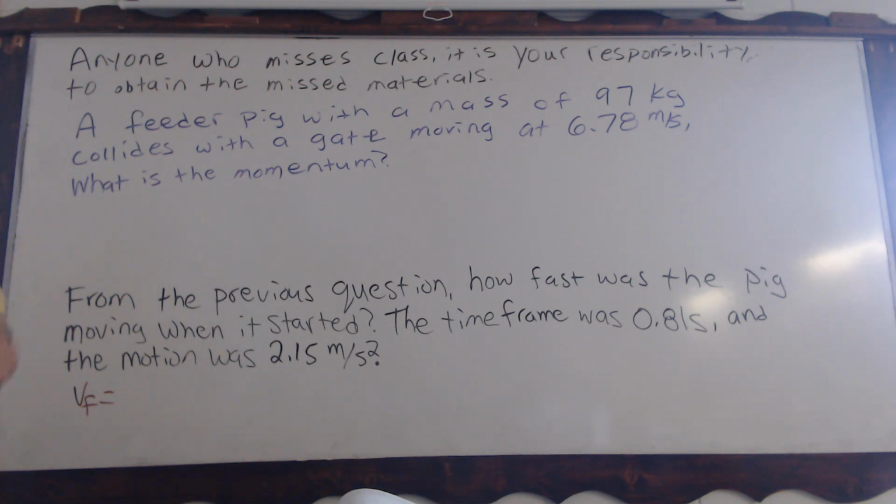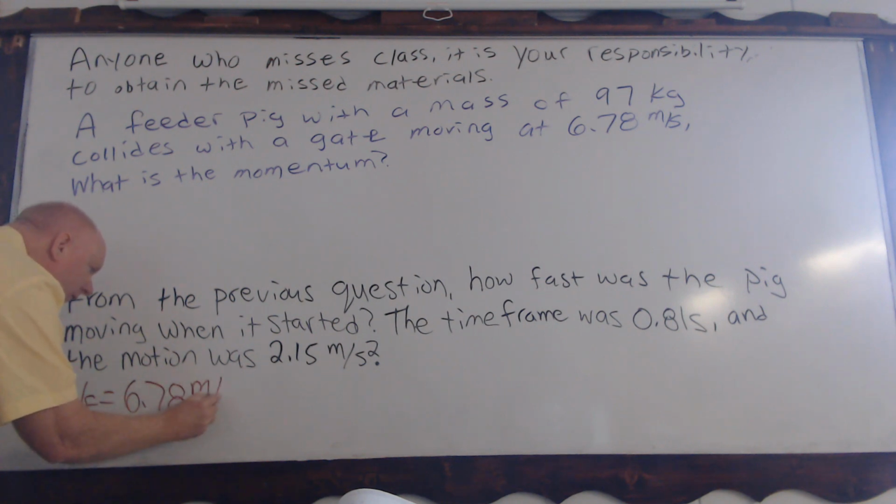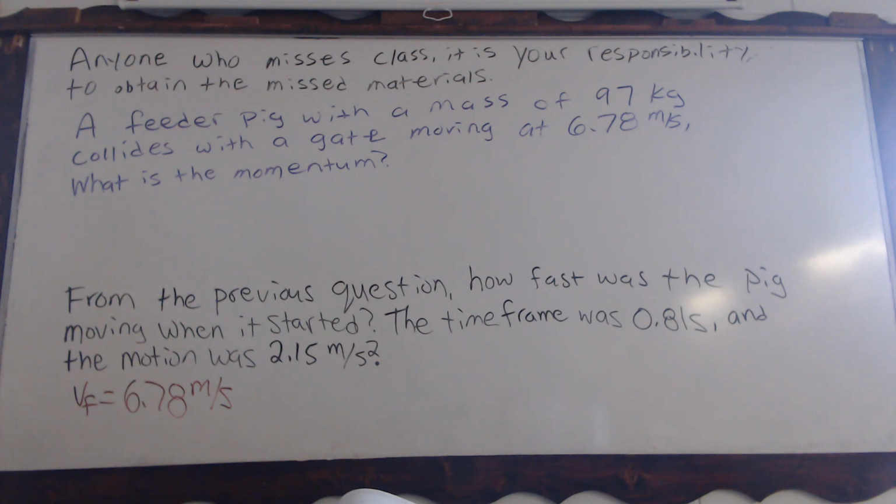Sure. All right. But we do have a final velocity. What is your final velocity from the previous problem? No. 6.78 meters per second. What else do we know? The time, which was what? Time was 0.81 seconds. What else do we know?